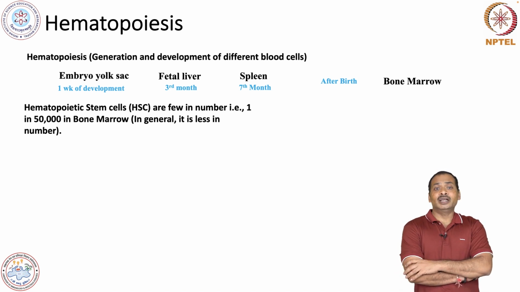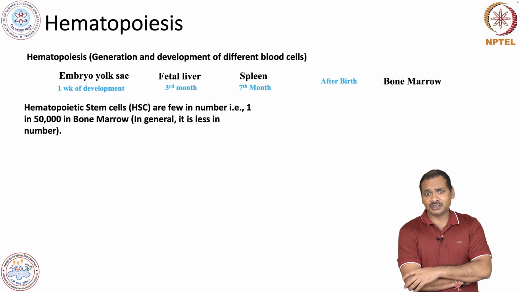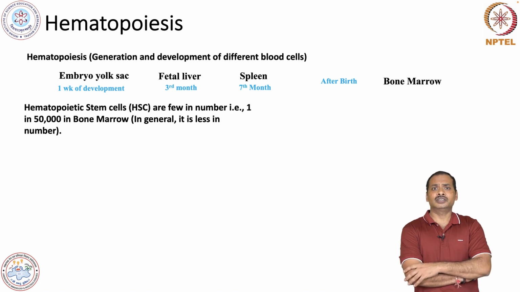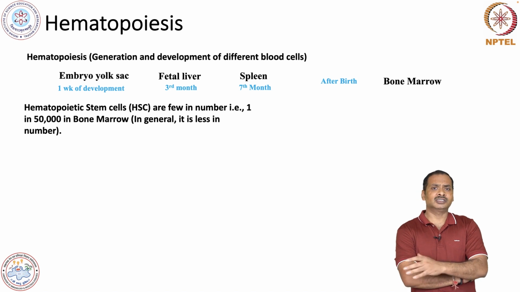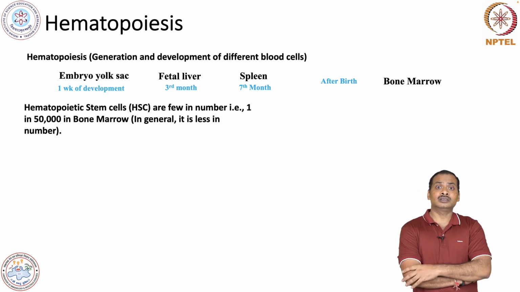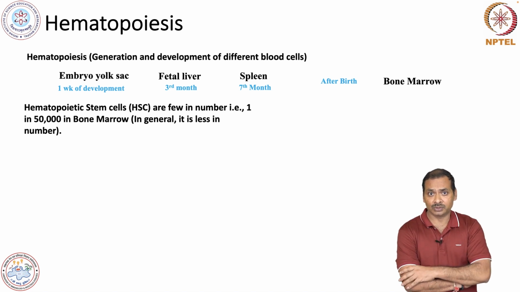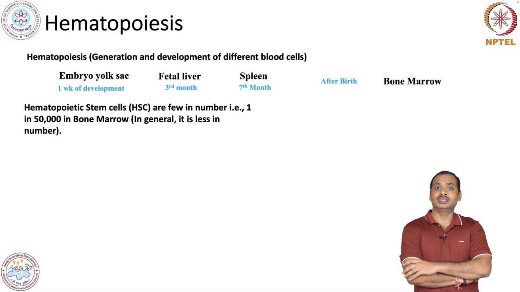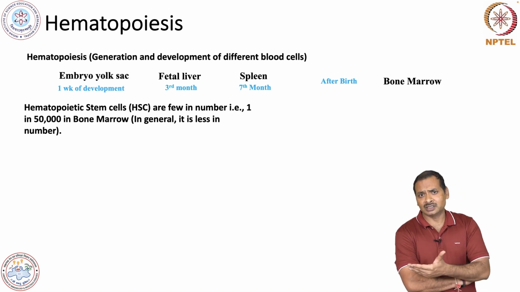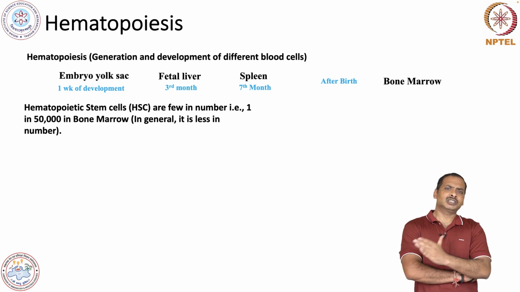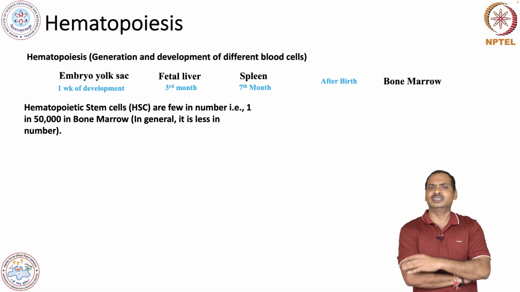Okay. And it is very interesting that in adult humans, this hematopoietic stem cell resides in the bone marrow, and there is only one cell in 50,000 bone marrow cells. These cells are generally in very small number, and this number keeps changing depending on the need.